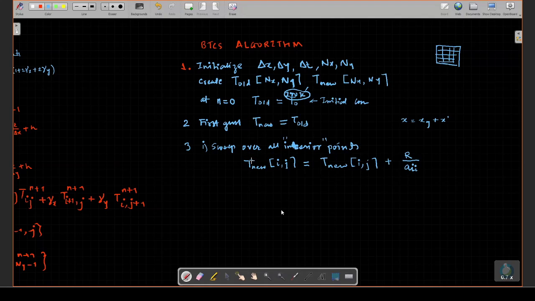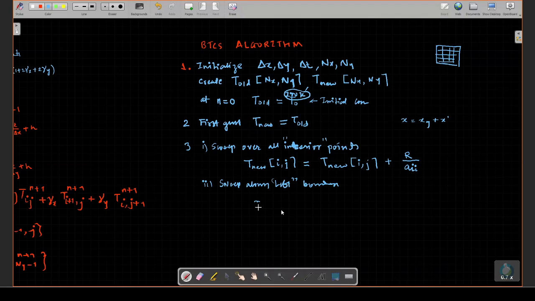Similarly, sweep means you have to use boundary conditions. So sweep over all interior points and for boundary points also. Sweep along the left boundary.